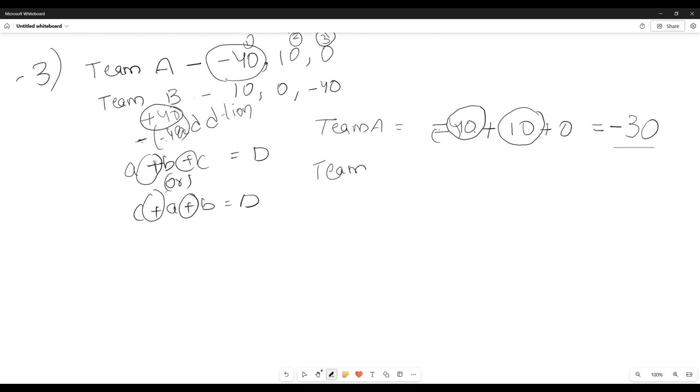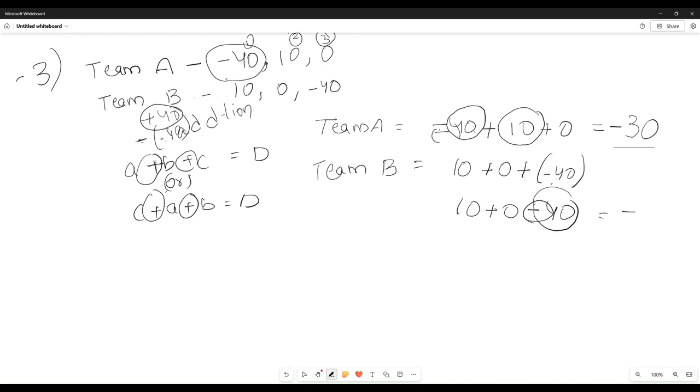Let's know the total score of team B. Team B equals to 10 plus 0 plus of minus 40. Let's remove the brackets first. 10 plus 0 plus into minus is minus, so minus 40. Here the 40 is the bigger number.